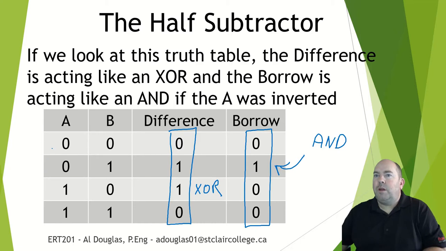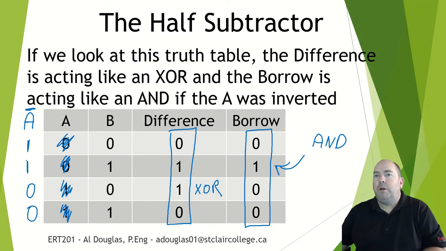If you took the A, but instead of A, you made this A bar, then we would have one 0.